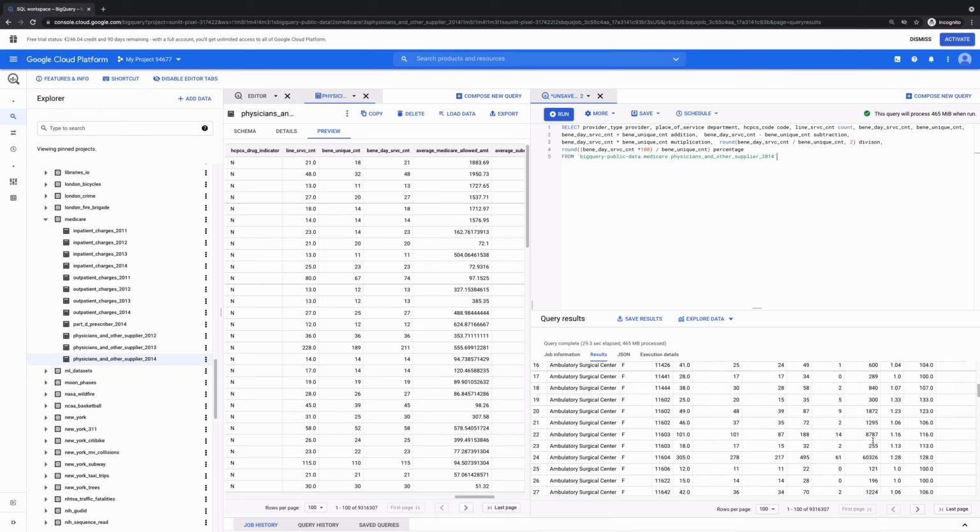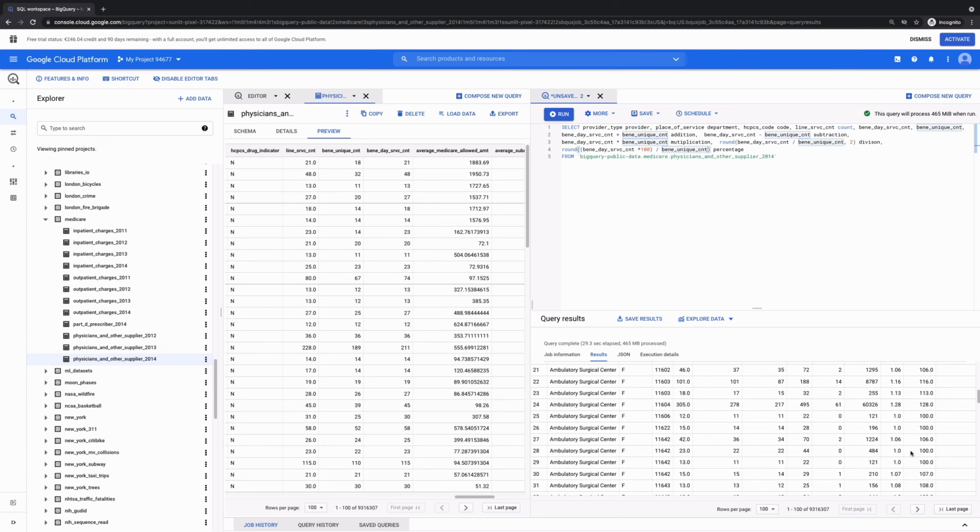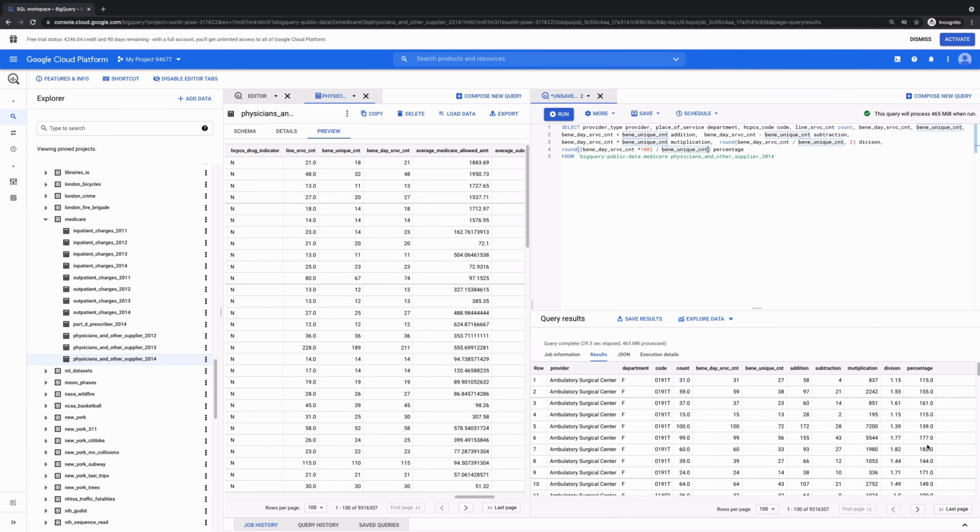But in the percentage part, we didn't indicate the number of decimal places, which means we would like it to the nearest whole number, and we can see it here. So this is what our new data set is.